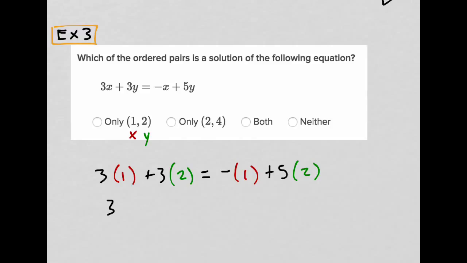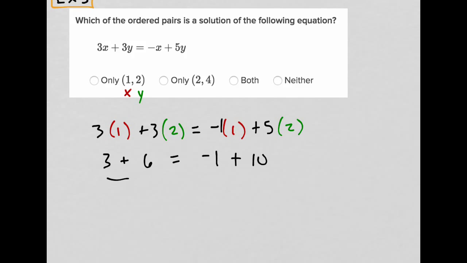So this is 3 plus 6, which is 9. Negative 1 times 1 is negative 1, plus 5 times 2 is 10. Negative 1 plus 10 is 9. That works.